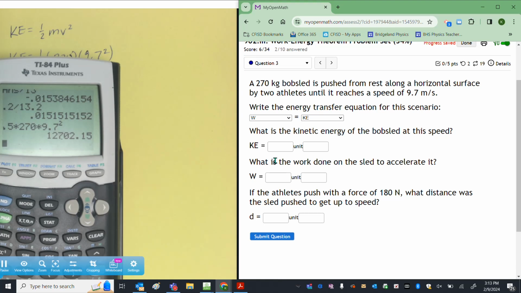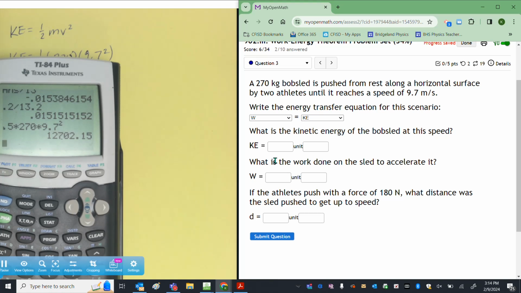Now, I do want to caution you with this. If you are using a TI Nspire, then you may or may not be actually getting the same answer as I am. And it's not because the calculator is wrong or something like that, but it is because of a setting on the calculator. Let me show you what I'm talking about. Let me try it on this one and see if I get something different. 0.5 times 270, times 9.7 squared.